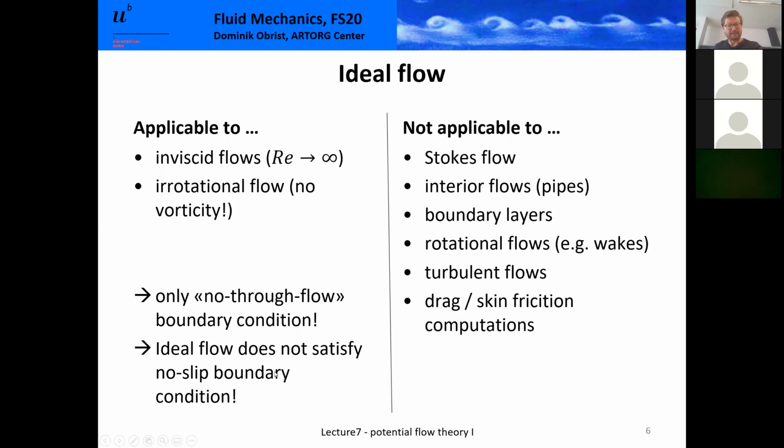We already talked about this, boundary conditions. We cannot satisfy no slip. And on the right-hand side, let us memorize that ideal flow or potential flow theory is not applicable to Stokes flow because their viscosity is so dominant that it will have vorticity everywhere. It's usually, in most cases, not applicable to interior flows.